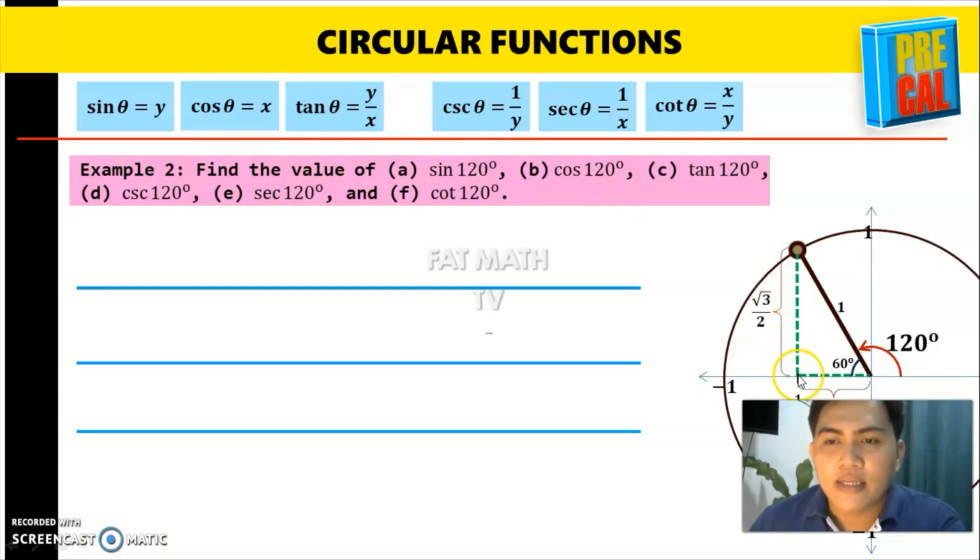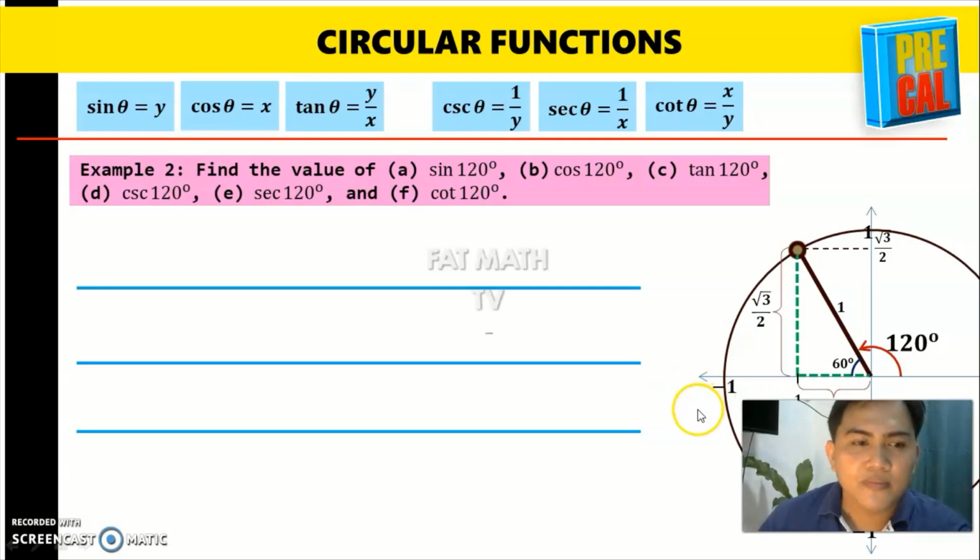But then, since this is on the second quadrant, your x here is negative. We are talking about the length here for 1/2, so 1/2 unit to the left of 0 is negative 1/2. And then square root of 3 over 2 units above 0.